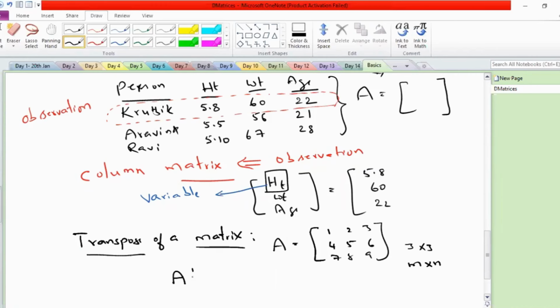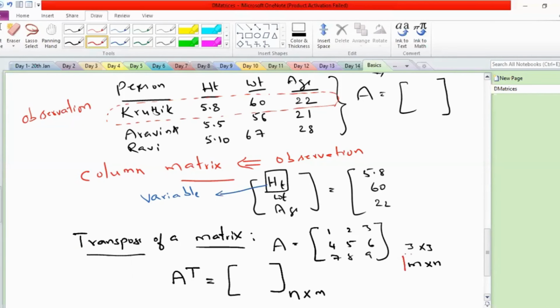A transpose is nothing but rows become columns and columns become rows. That means whatever the matrix that you have, your dimension becomes n by m. Please understand this.